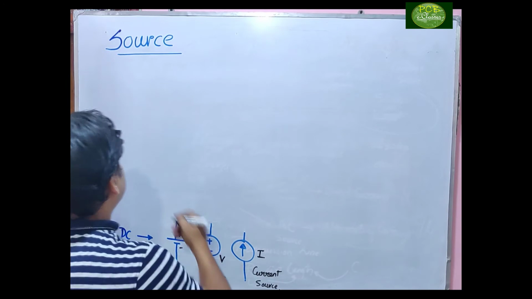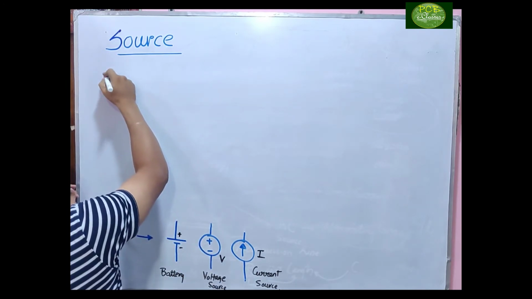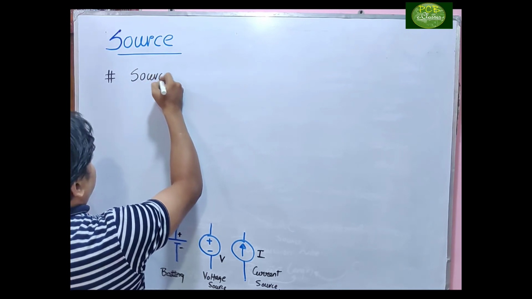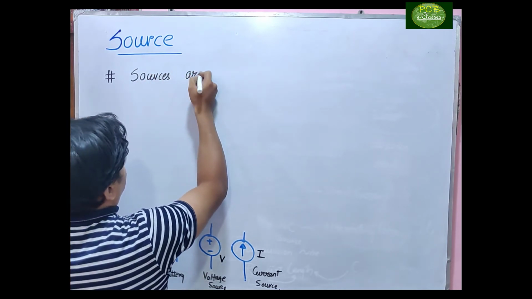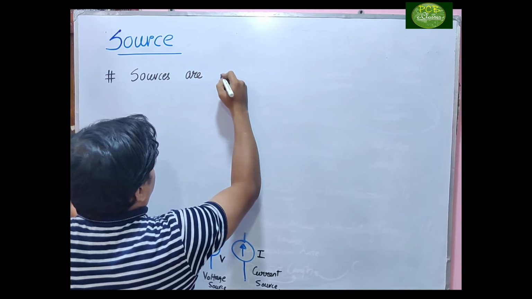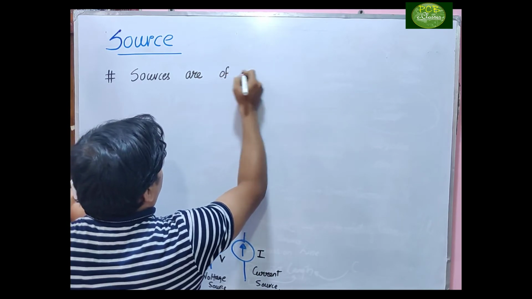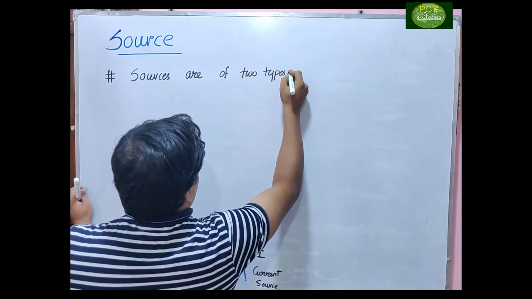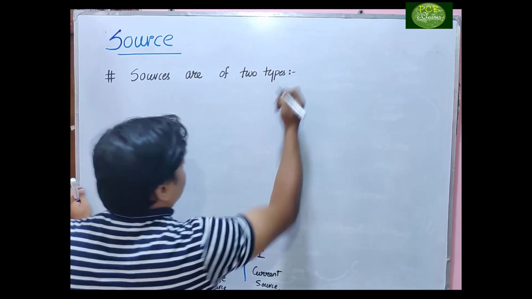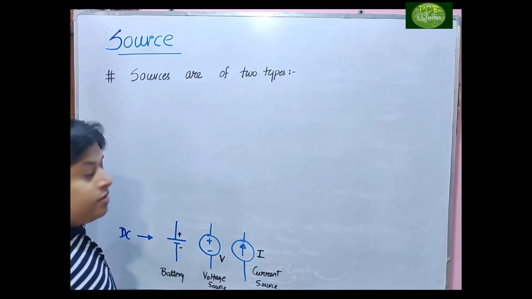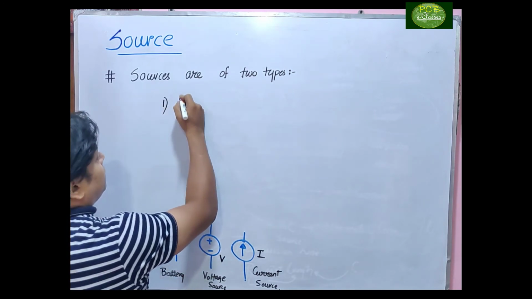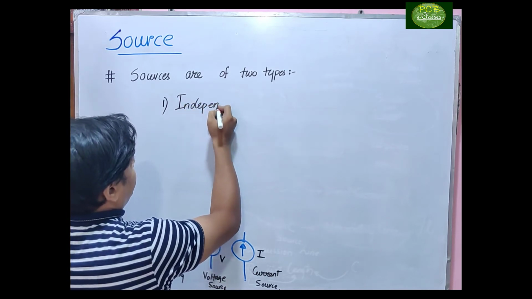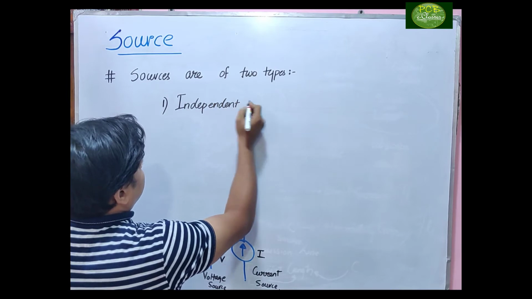Next, sources are of two types. First one, independent sources.